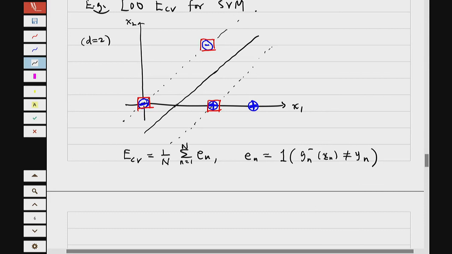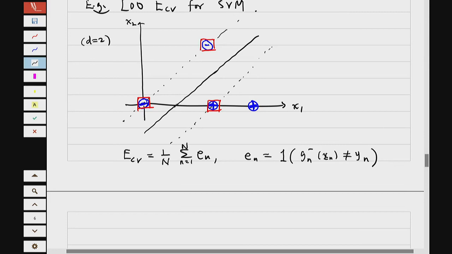Just imagine, just do this thought experiment. You have a data point that is not a support vector. You throw it out of the training data set, and use the remaining data points to retrain your SVM. What happens then? Remember what happens if you throw away a non-support vector?